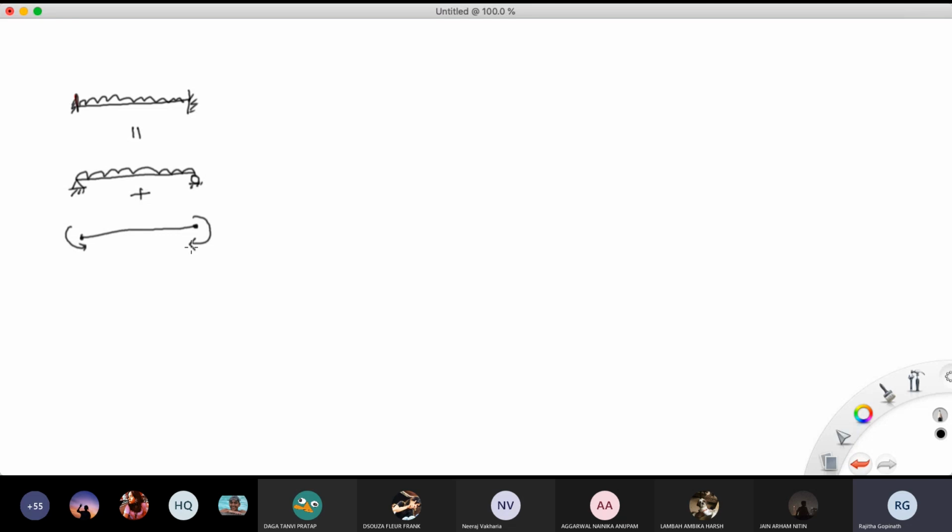So this beam is equal to this plus this plus this, 1 plus 2. All right, now finally we want to know what is the bending moment of this one, so that we can find the bending moment at each and every point on the beam, right? इसका bending moment क्या होगा?